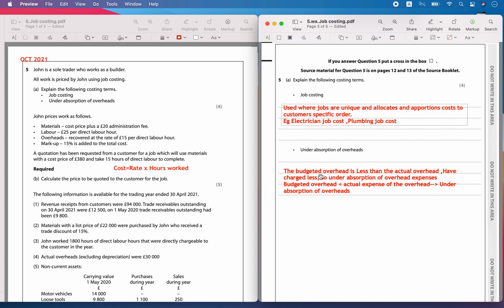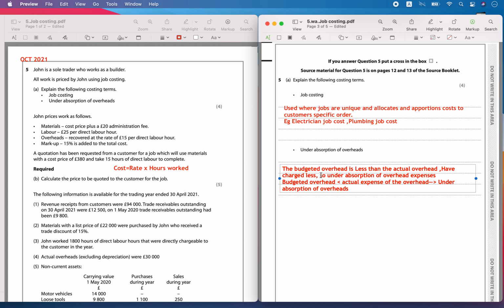Then under absorption of overheads. Whenever I prepare the job quotation, I will prepare a budgeted overhead, and then I will calculate the OAR rates and the labor rates that need to be applied for the specific job, and I will calculate my actual overhead expenses.